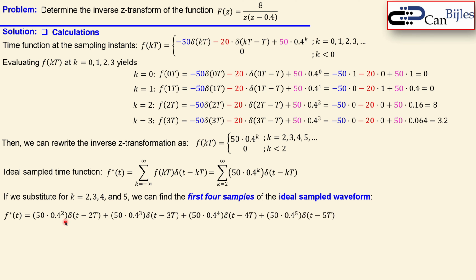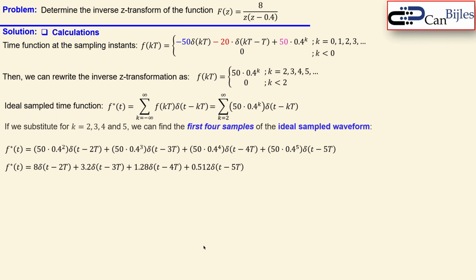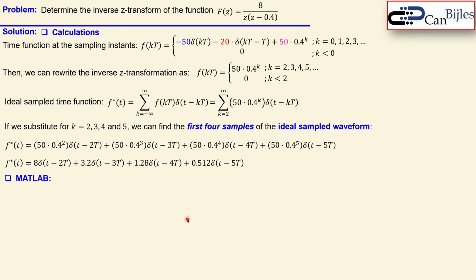That means in here 2, and also here 2. That means here 3, and also here 3. So you just follow the summation. And now we need to work out this coefficient for each Dirac delta expression here. That results in this one, so 8 times the Dirac delta function here, and now 3.2 here, and 1.28, and now 0.512.